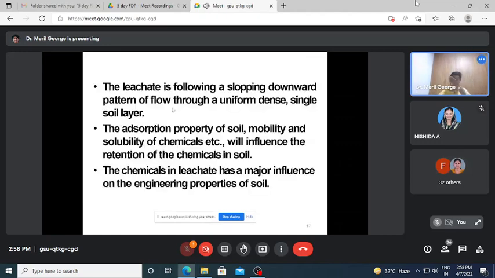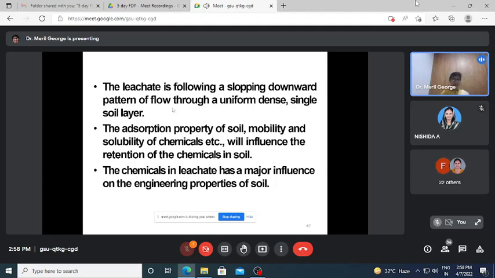Okay. So based on this experimental study, it was found that the leachate was following a sloping downward pattern of flow through a uniform, dense, single soil layer.